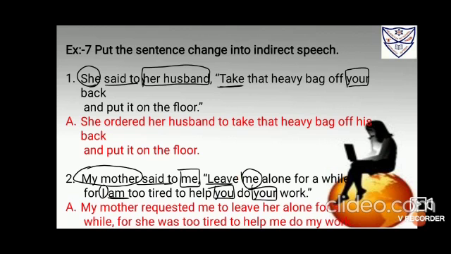The listener is first person, so to help you means to help me, do your work changes to do my work, okay. And here you are going to put to infinitive, so it becomes to leave her alone. So it is my mother requested me to leave her alone for a while, for she was too tired to help me do my work.